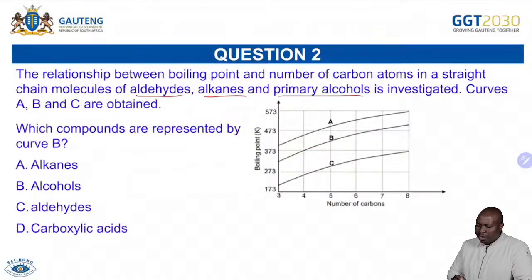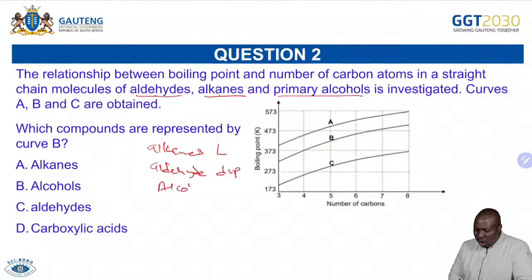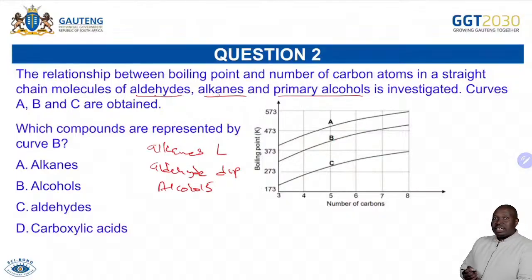Alkanes are the weakest because they have London forces, followed by aldehydes because they have dipole forces, followed by alcohols. Alcohols have hydrogen bonds, so they are stronger than the others, the strongest.